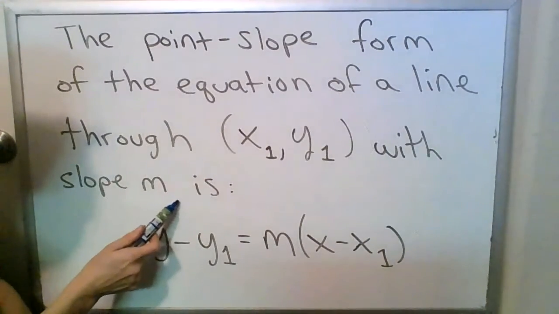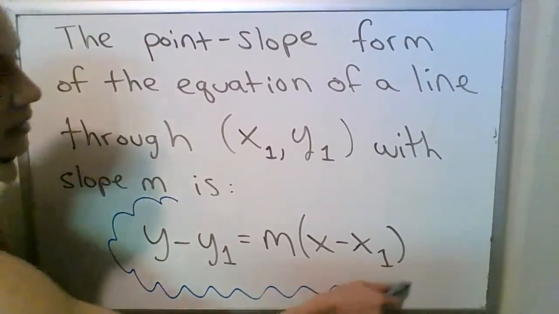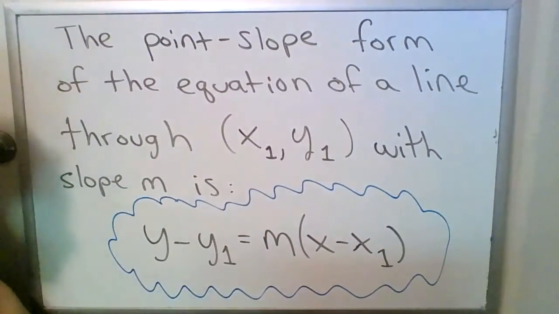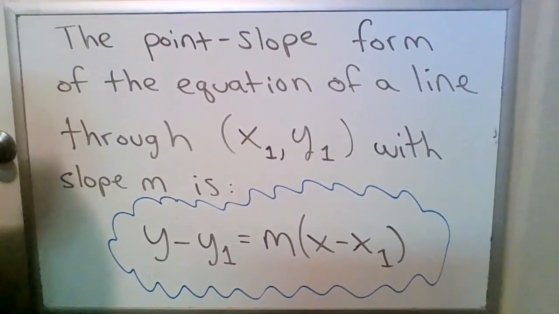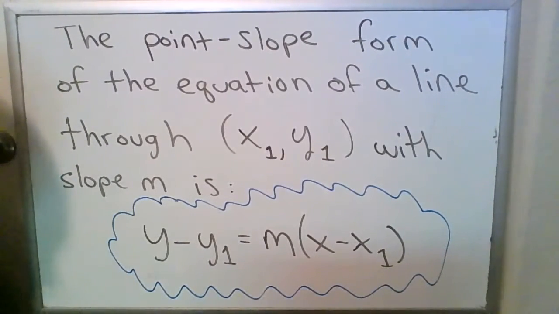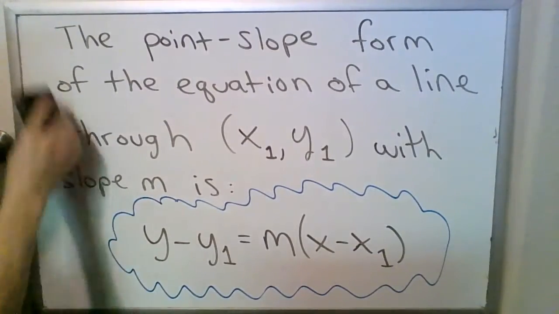So it's either useful to start with y equals mx plus b, or you can start with this one, y minus y1 equals m times x minus x1. Either one works. It's kind of like that thing we did before, where you can do it either way and we'll get the same answer. Okay, so the first example.